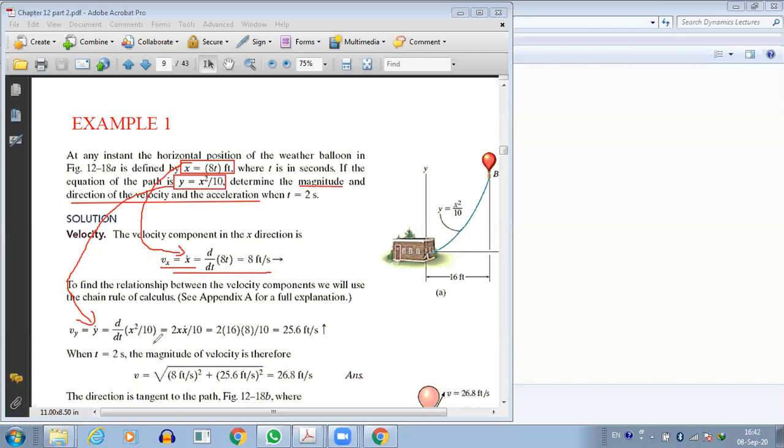It will become 2x, but since it was not differentiated with respect to time, it becomes 2x x dot by 10. Do you understand this step or not? This is actually not dynamics. This is mathematics, but this is important here. Do you understand this step or not?